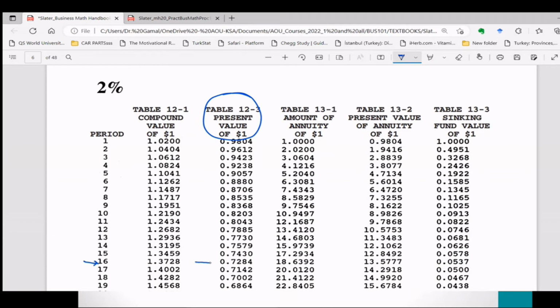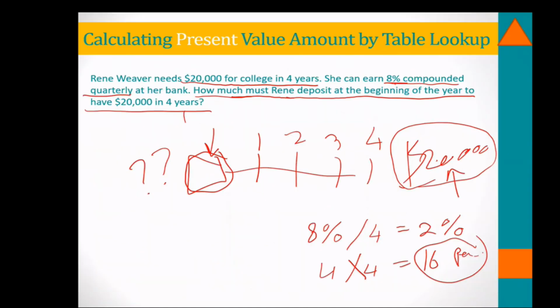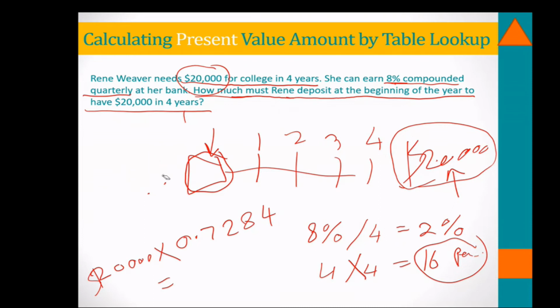What's the table factor of present value? This is 16, the present value: 0.7284. I think we multiply by 20,000. What's the answer? 20,000 times 0.7284. Anyone can calculate it?